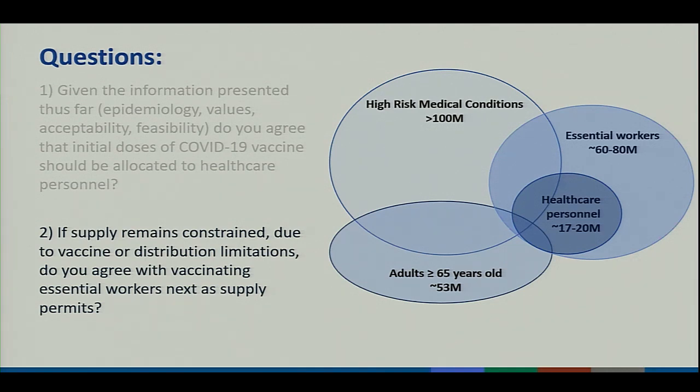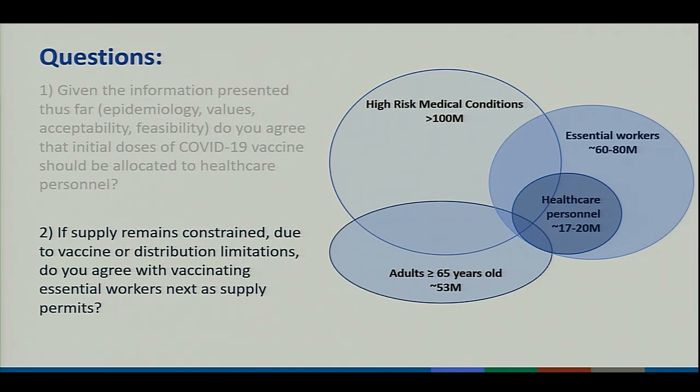And I don't know if maybe within the essential workers we should prioritize first those with high-risk medical conditions, because obviously it's a huge number and vaccine may not be available for all. But the high-risk medical conditions are associated with more severe disease and death, and I think we need to prioritize some of that as well.